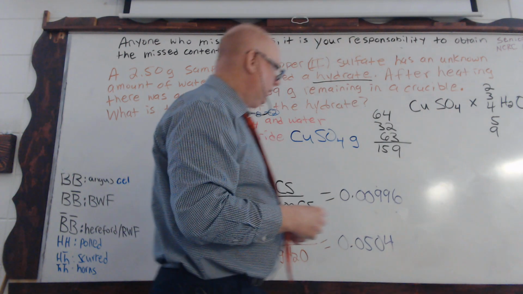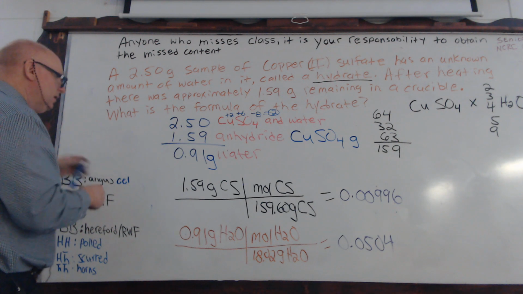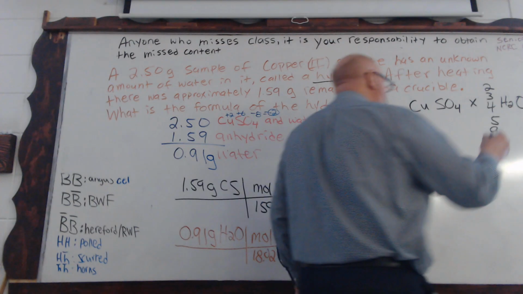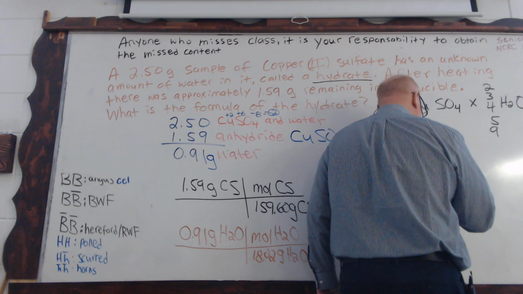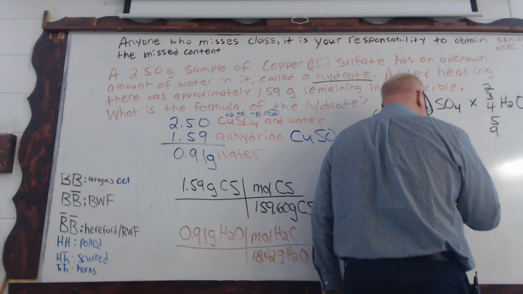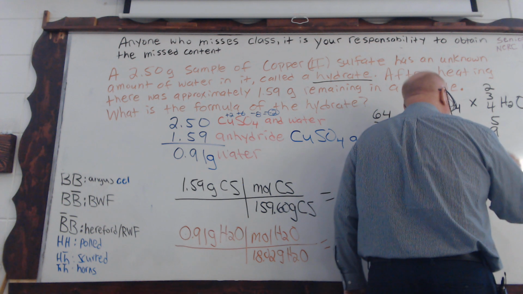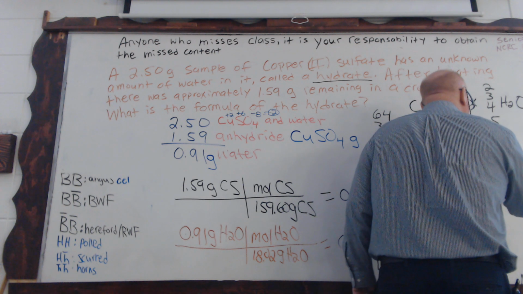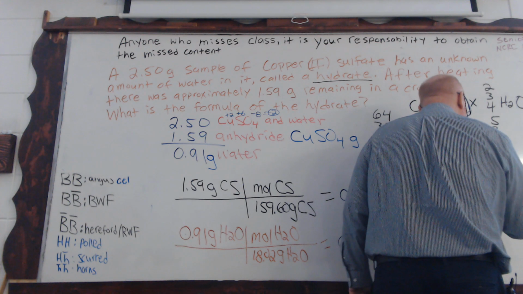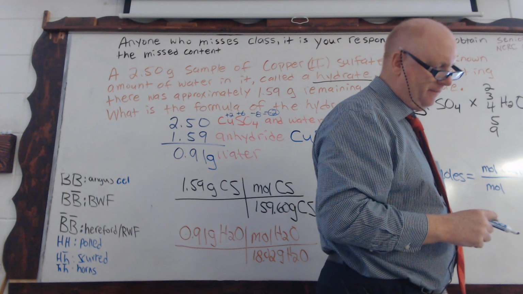Okay? Because with every hydrate you figure out, you would find this magical number, measured in moles. We're going to say moles of X is going to equal the moles of water divided by moles of, is it hydrate or anhydride?